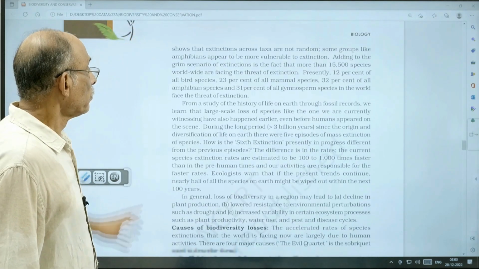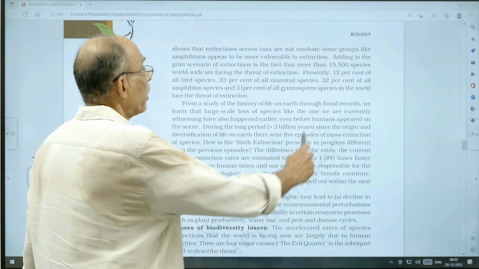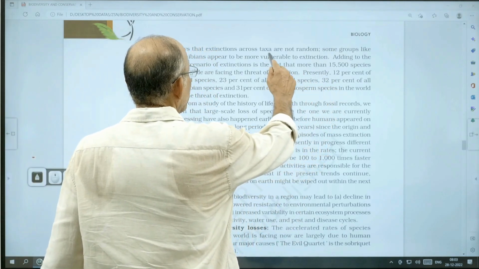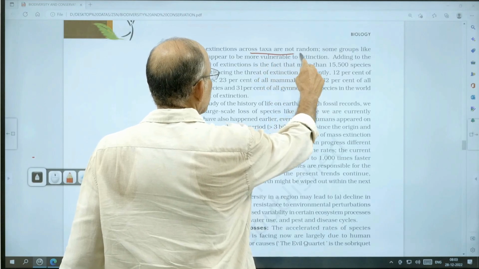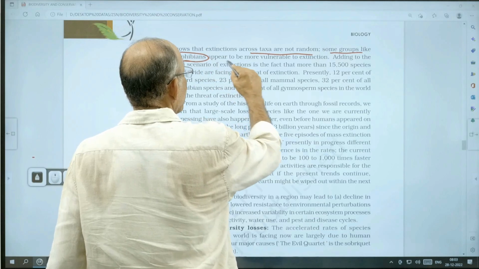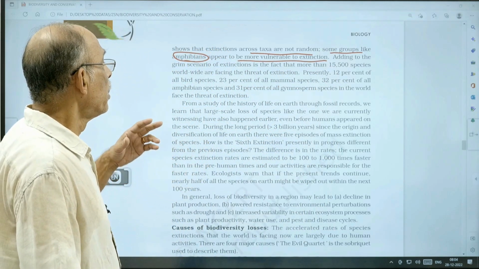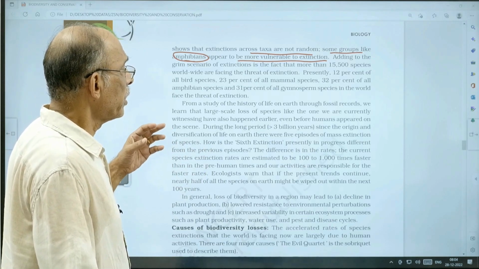Nowadays, the problem is not only individual species. Some groups may appear vulnerable to extinction.